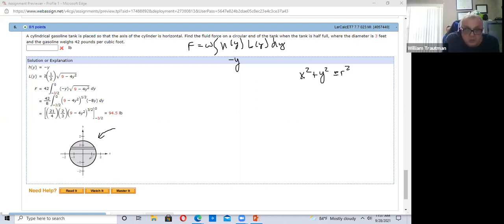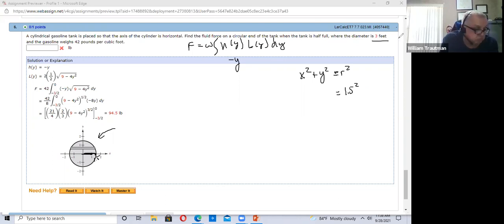And if you look, they told us the diameter of the circle is 3, so that's 1.5. So r squared equals 1.5 squared. That's the radius. This radius right here is 1.5. And we want to solve this for X.